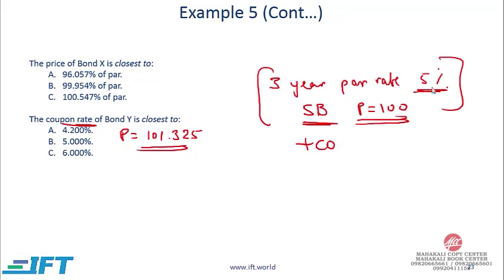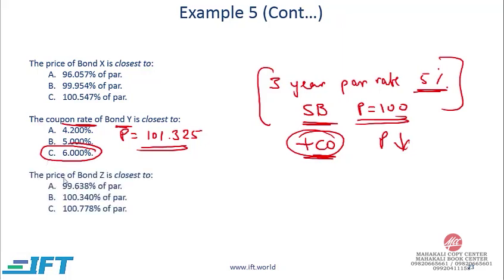Given a 5% rate, a callable bond is going to have a price that is less than 100 because the call option is not seen favorably by investors, so the price actually will be less than 100. This particular bond where the price is given has a price higher than 100. That can only happen if the coupon rate is more than 5%, and the only option then becomes C.